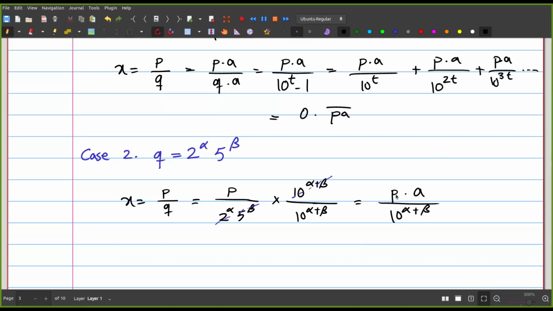Because I can just write P times A, which is a natural number in decimal, and then I'm dividing it by 10 to the power of alpha plus beta. So I'm just shifting it by alpha plus beta places in my decimal representation. So this one is going to give me a terminating decimal expansion, and the previous one had a repeating decimal expansion.